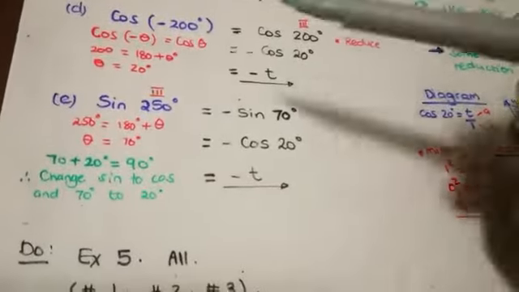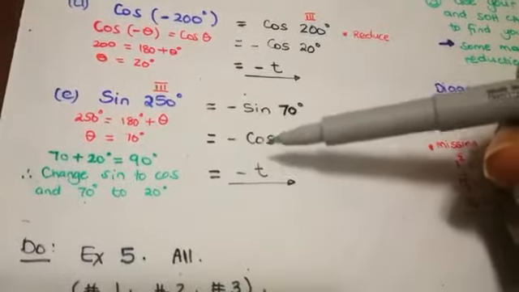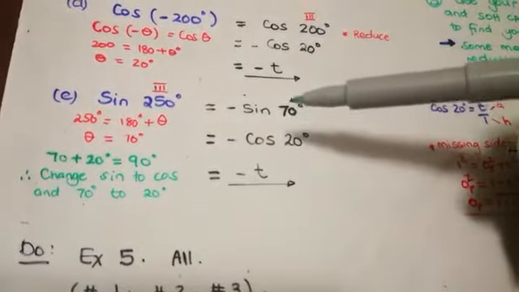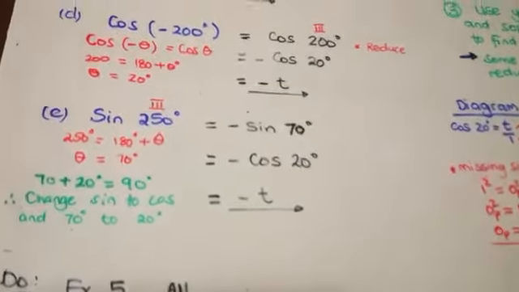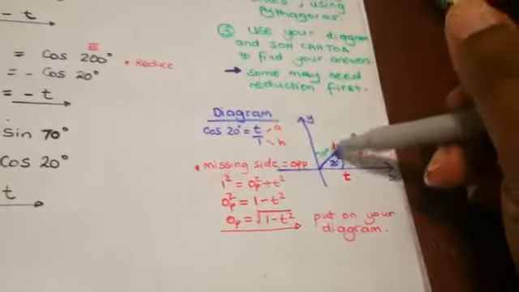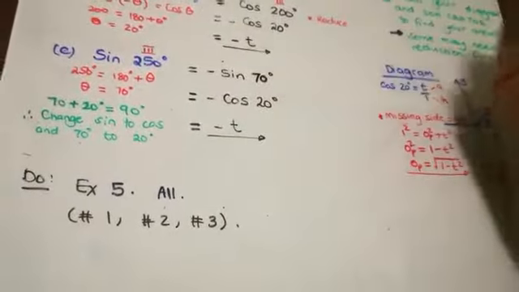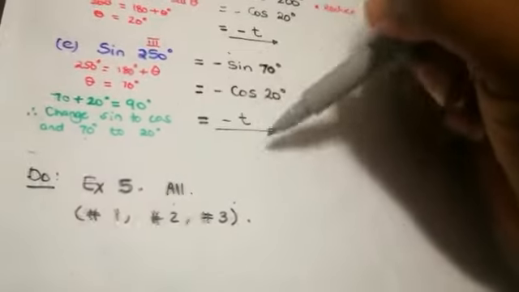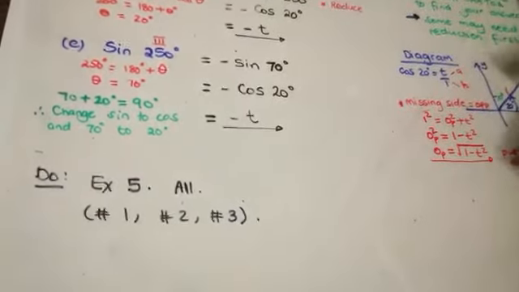To 90. So that means I can change the sine to cos, and instead of the 70, I write the 20, because they are in this relationship that we have indicated there. Okay, so then cos 20 is t, and then your final answer will be minus t.